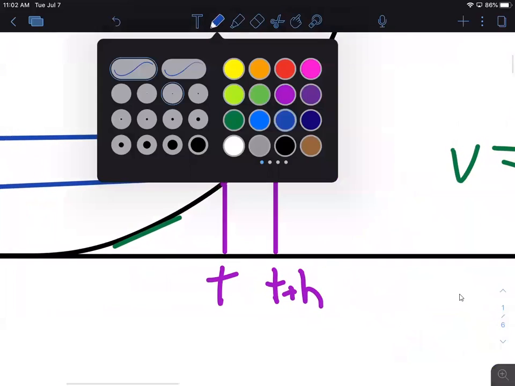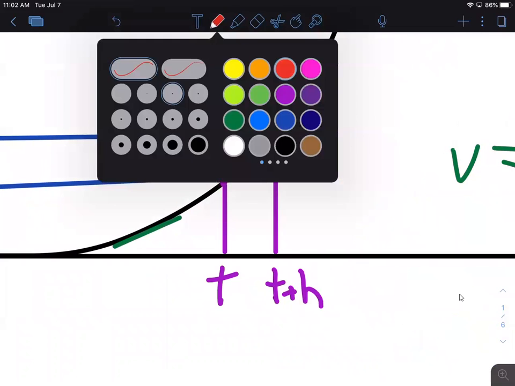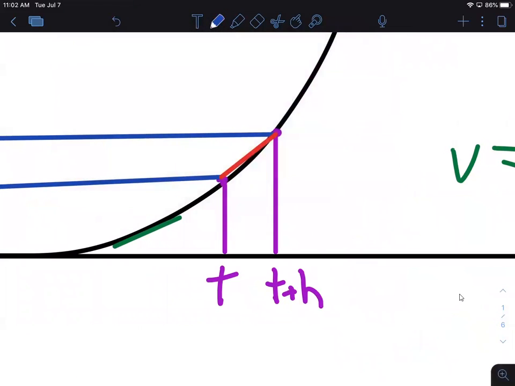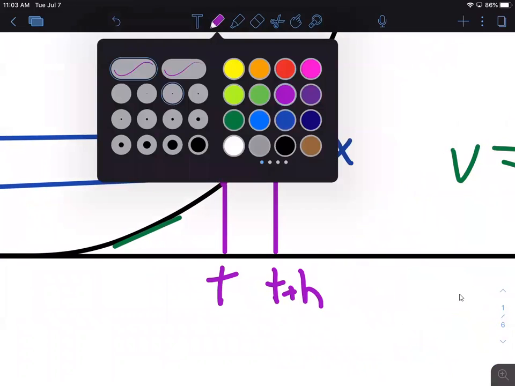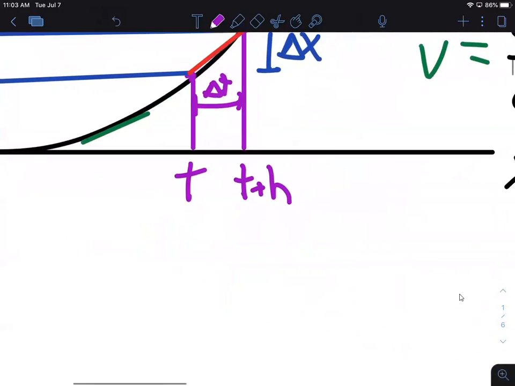Now the slope between these two, which is going to be similar to, but not quite the slope at either one, would be my rise over my run. So my delta x over my delta t. So let's write that out.